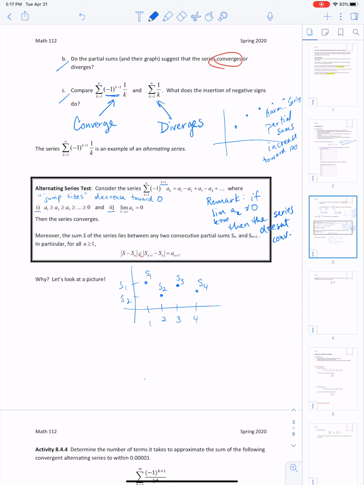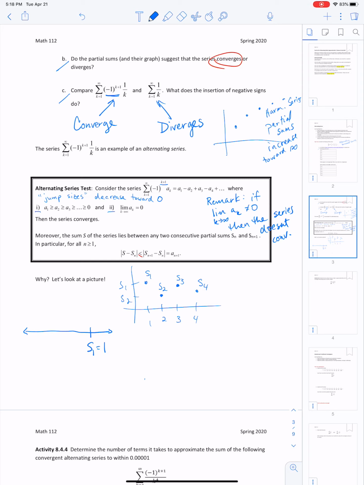But I think the most clear picture for why the alternating series test works is plotting these heights just on the number line. So we start with S1, and let's do this for the alternating harmonic series.